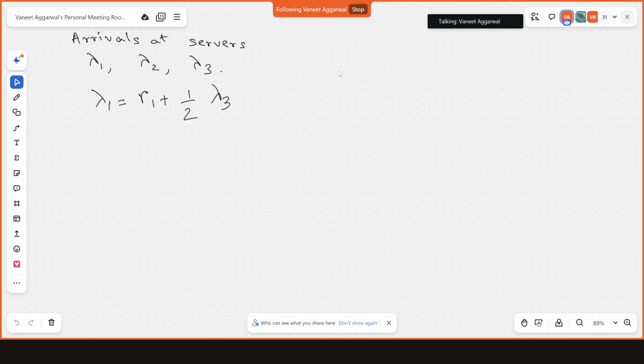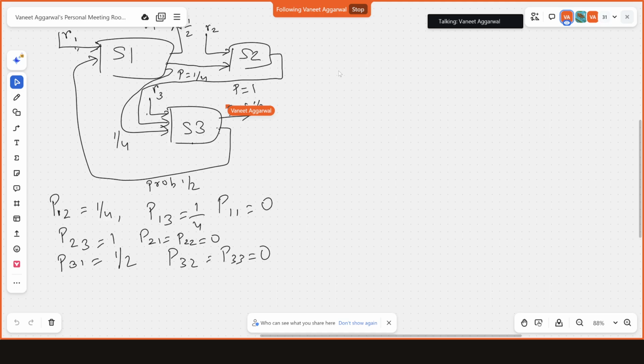So with that intuition, how do we write the equation for server 2? The arrivals at server 2 come from external as well as with 1/4 the arrivals of server 1. So what is the overall arrivals at server 2?